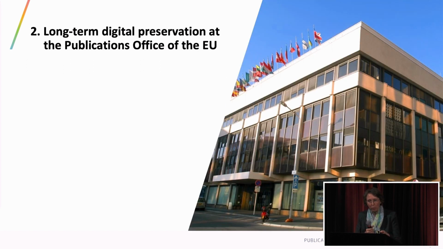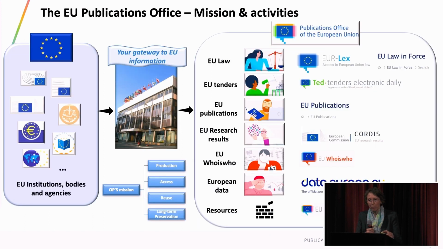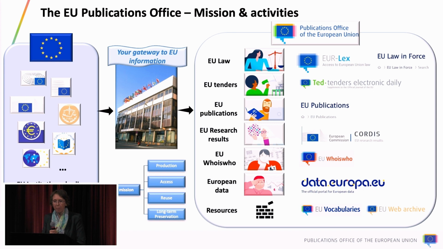So second chapter, some words about the Publications Office, so you know a bit our profile. The Publications Office is an EU institution that is at the service of the other institutions, bodies and agencies. So our mission relies on 4 pillars.